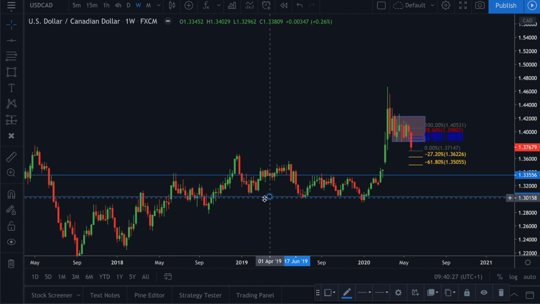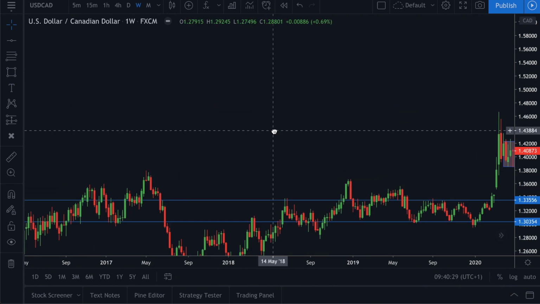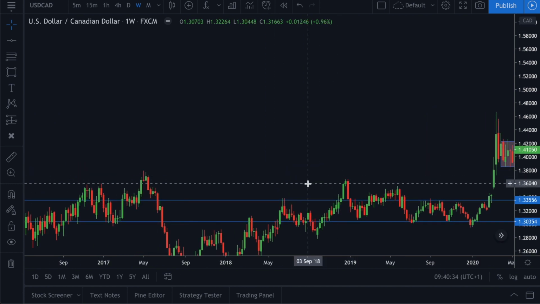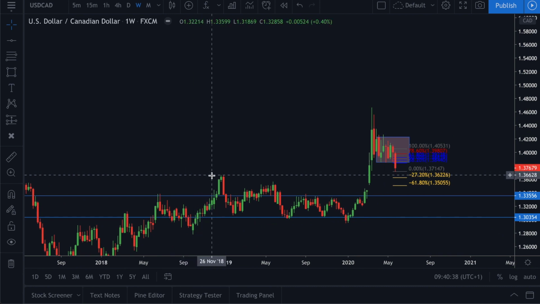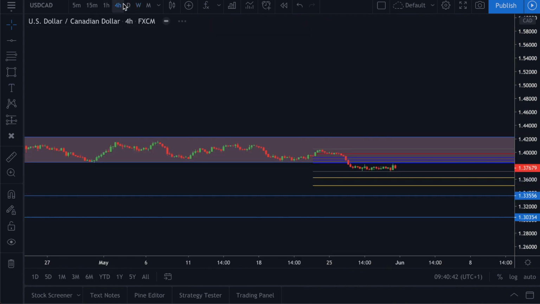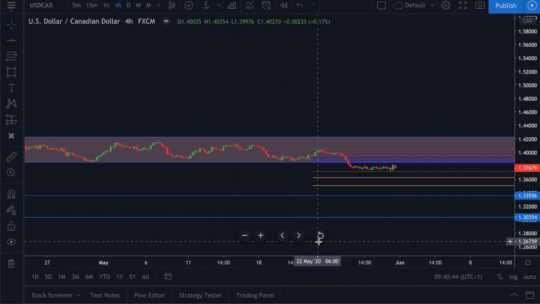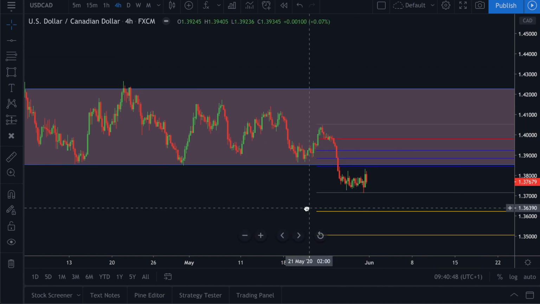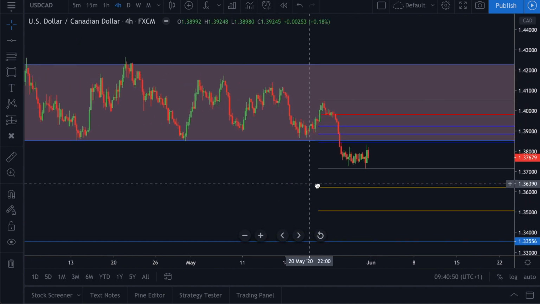It's hard to find really solid levels on the weekly apart from the extremes. So, if we zoom back again, not really a level I'm finding around here, but we will watch this, just above the 27.2 extension for potential support. So that does line up with our extension quite nicely.